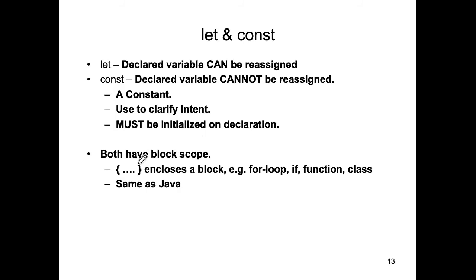We use it to encapsulate a class. We use it to encapsulate a method. We also use curly braces to encapsulate the true and false side of an if-else statement. Well, the same really applies to the role of curly braces in JavaScript.